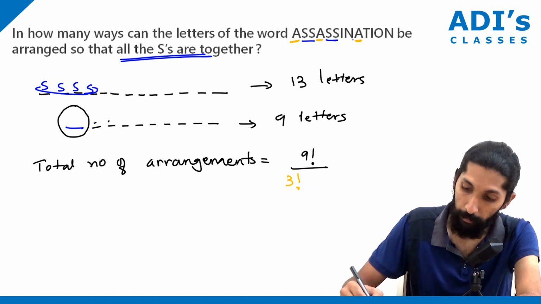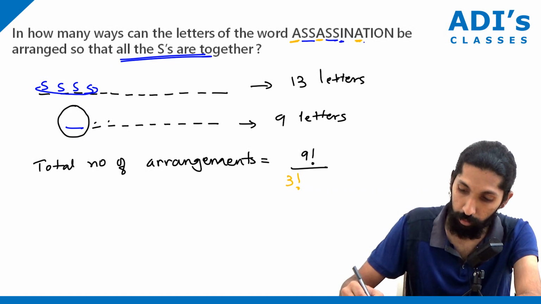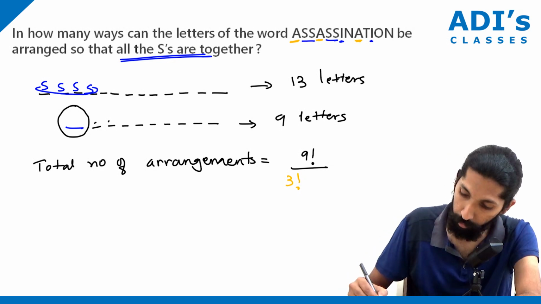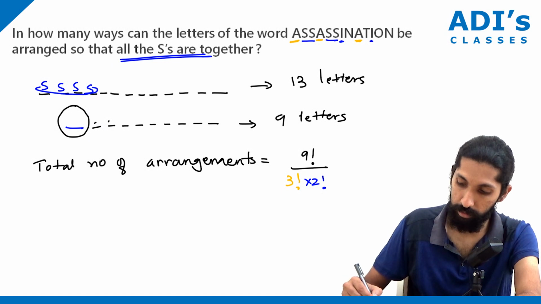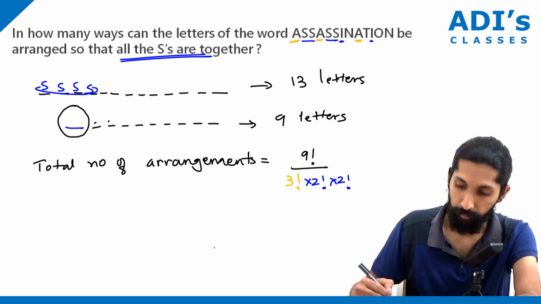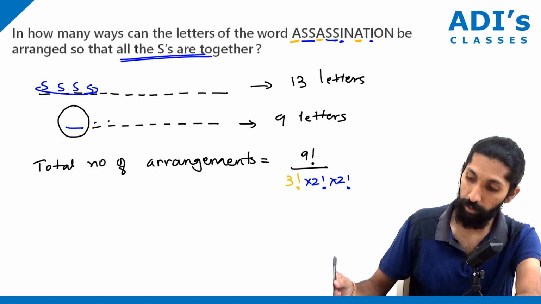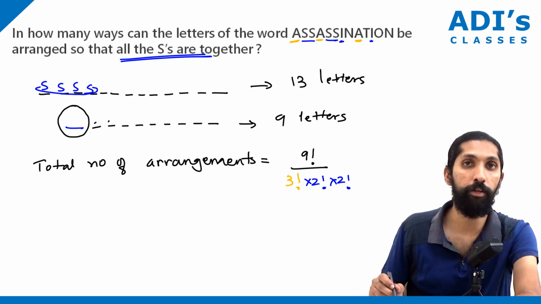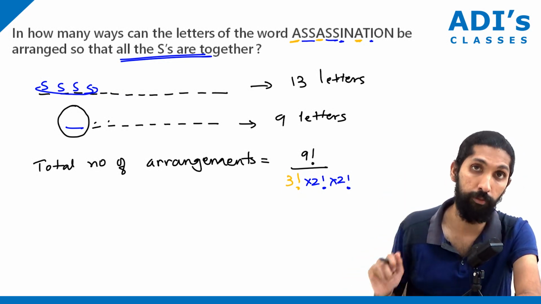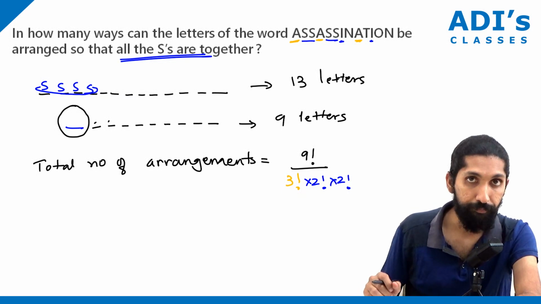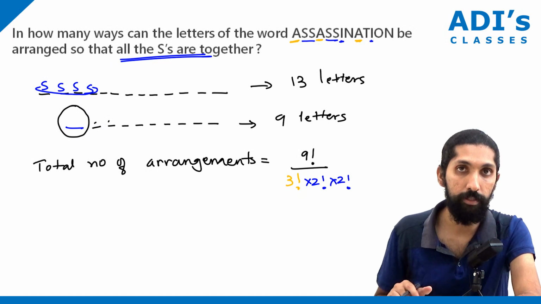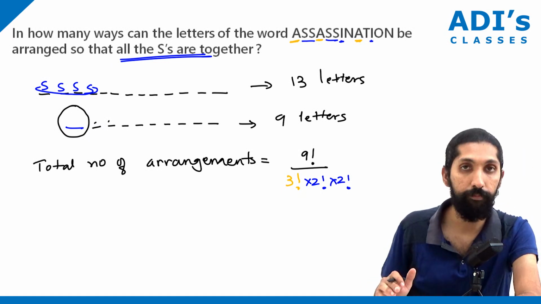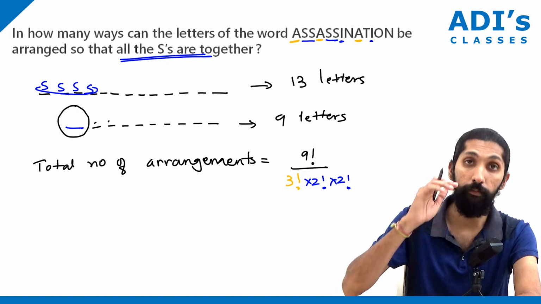Next, I is repeated twice into 2 factorial. Next, N is repeated twice into 2 factorial. So answer is going to be 9 factorial by 3 factorial into 2 factorial into 2 factorial. Fair enough? So this is going to be the total number of arrangements of this particular word. Fine? We'll do the next one now.